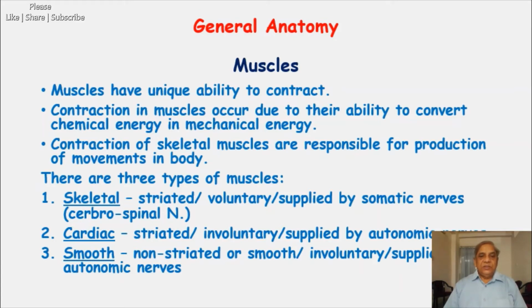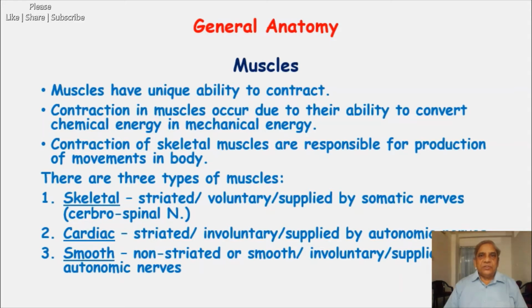That means you cannot order it as per your will; the cardiac muscle fibers will not contract or relax because these cardiac muscle fibers are supplied by the autonomic nervous system, that is sympathetic and parasympathetic, which is adjusting the contraction and relaxation of the heart muscle on its own.